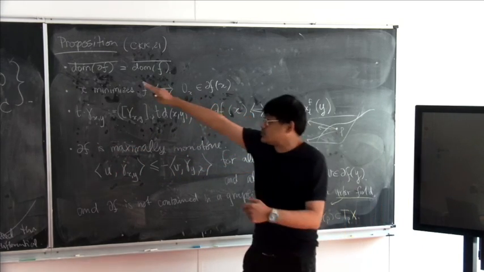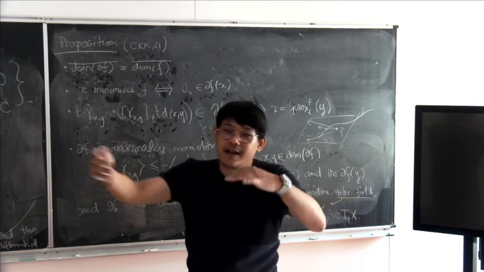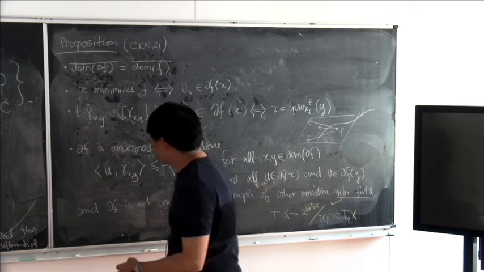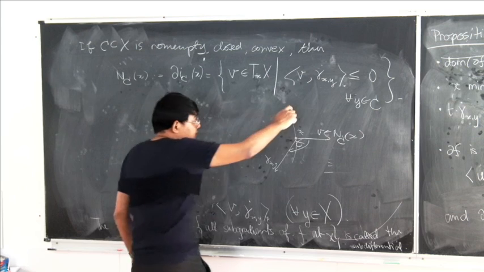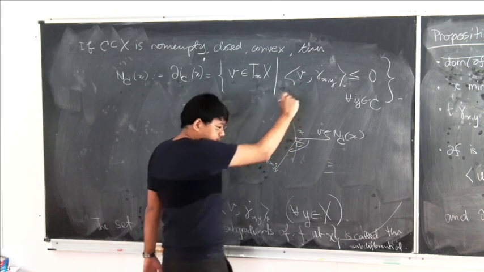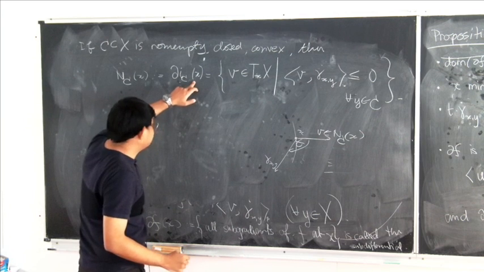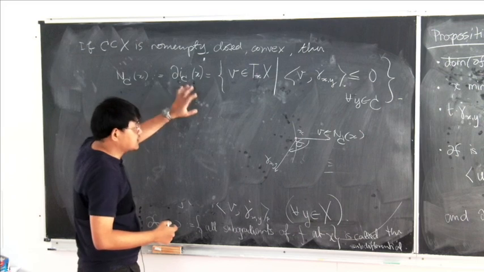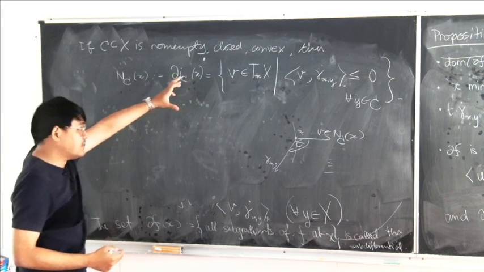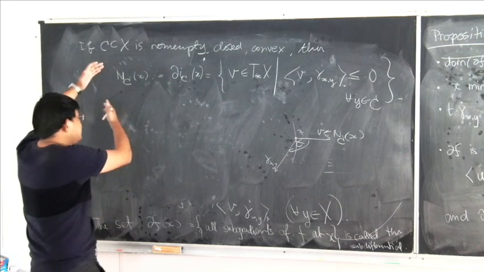If it is non-empty, then you can take any vector and work with that. But here, with a normal cone, v can very evidently always be 0_x. So a normal cone at a point inside the set C will always be non-empty because it will always contain the zero vector, 0_x.